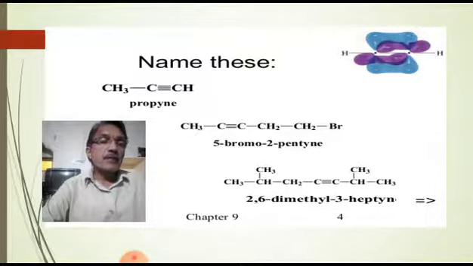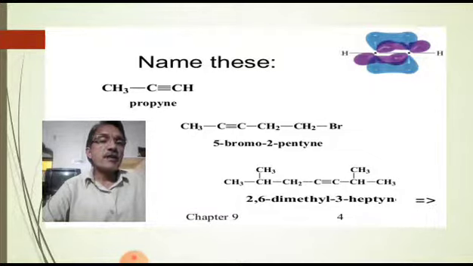Similarly, one more example, CH3, CH, CH3, CH2, C triple bond C, CH, CH3, CH3. The IUPAC name of this compound is 2,6-dimethyl-3-heptyne. Numbering must be done from right to left only.